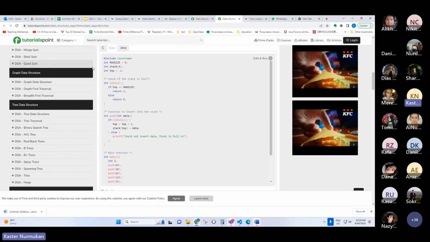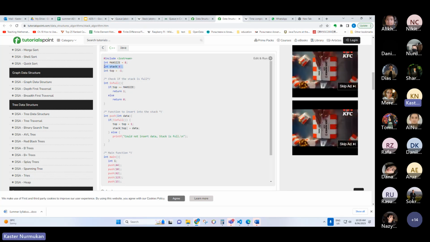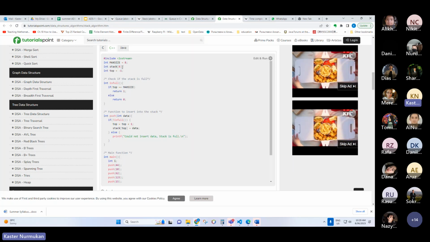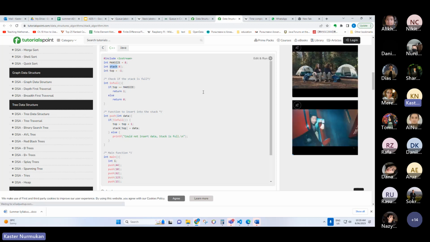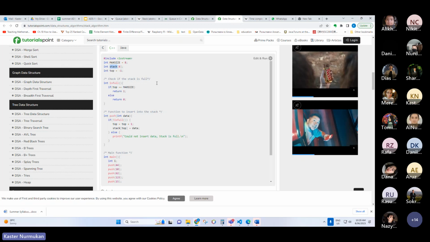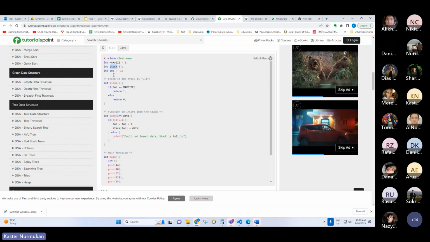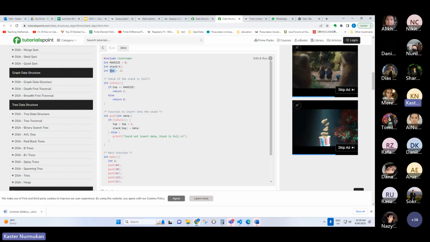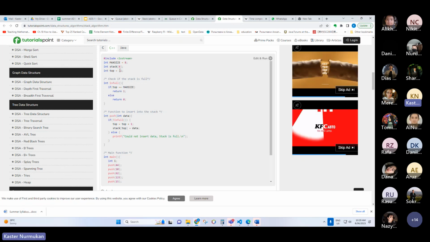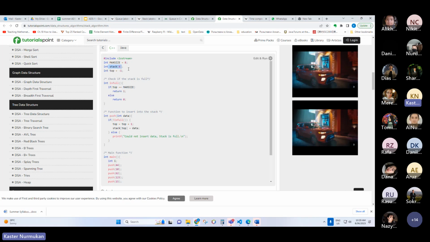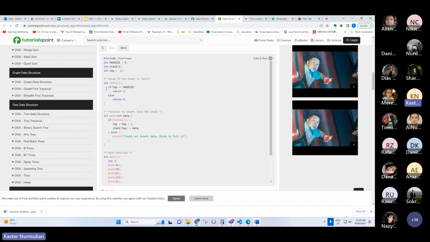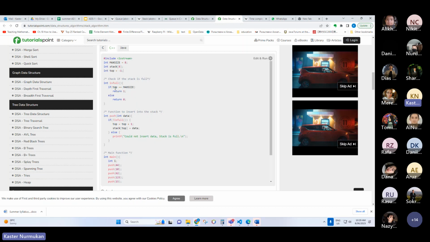Usually for the stack you can use an array. For example, we use the stack operation. We just create this stack, and they already include this kind of library, and then initialize. The top is -1. At first, full is the maximum size, because the stack is a static array, so that's the reason. If it is full, it's at maximum size.